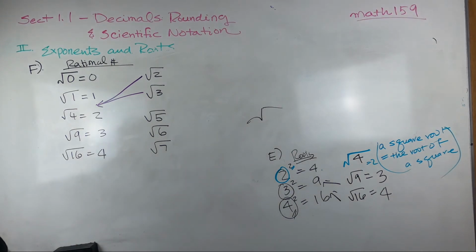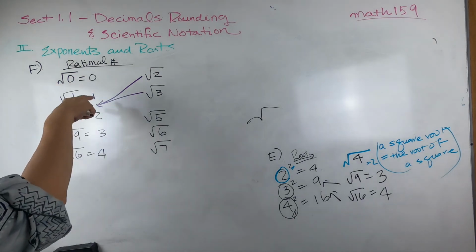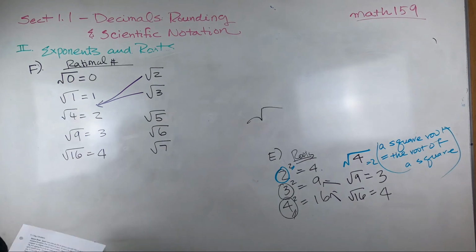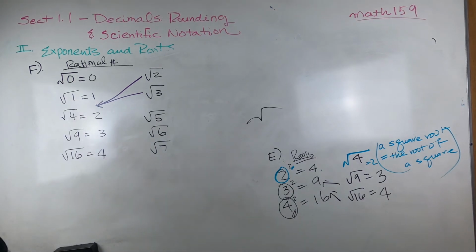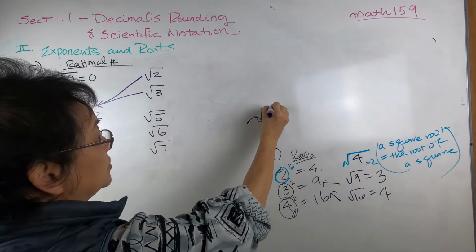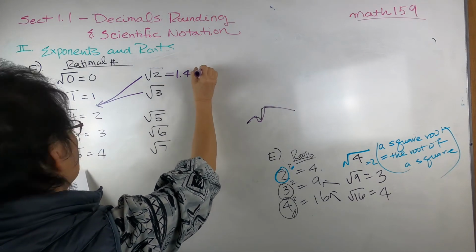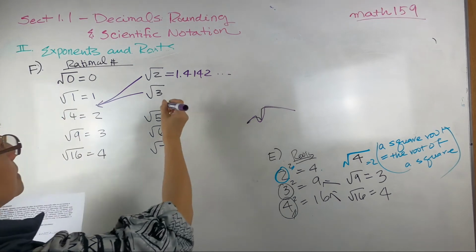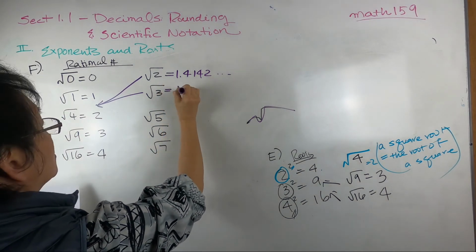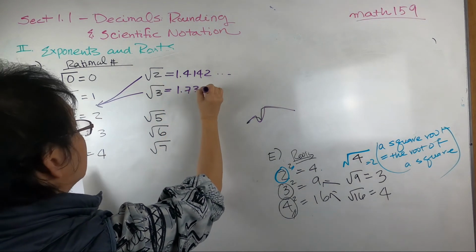And this number is not reasonable like this, not a perfect number. So you use the calculator, use the square root symbol, you can find out this would be 1.4142 or something. Then this one would be, you better practice this, right?